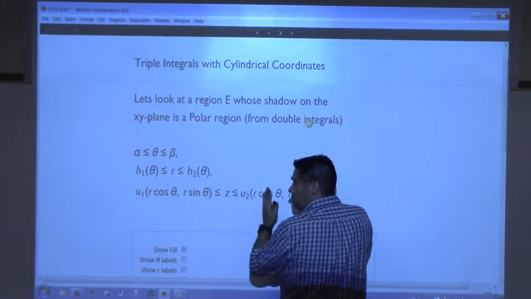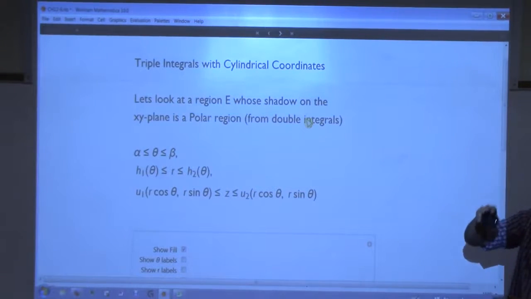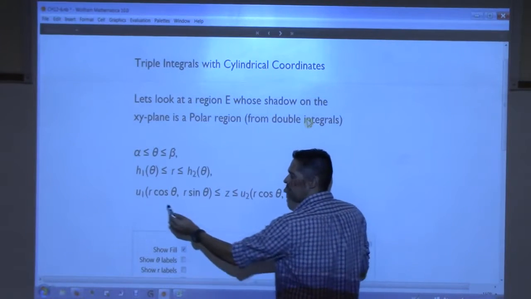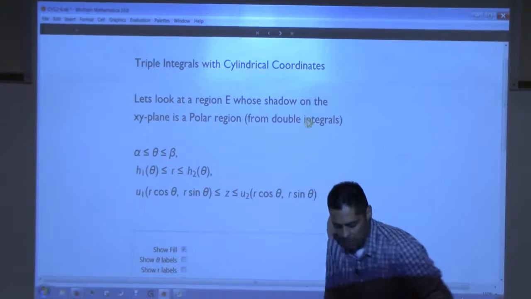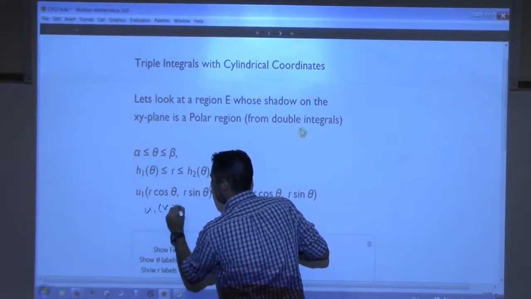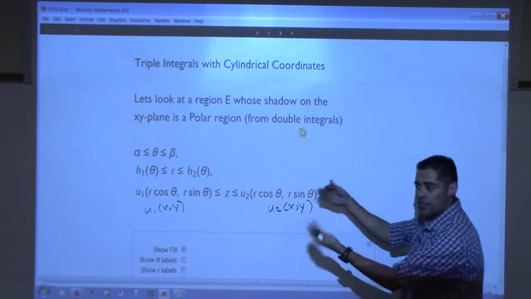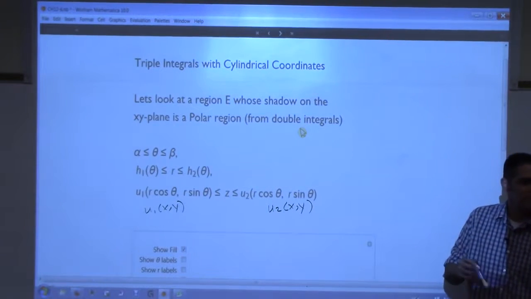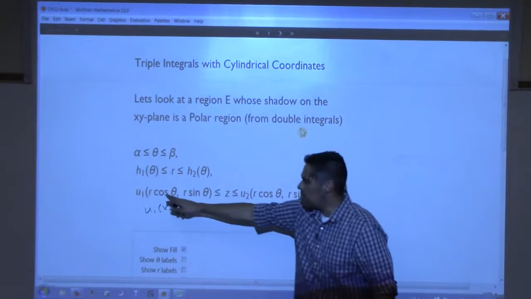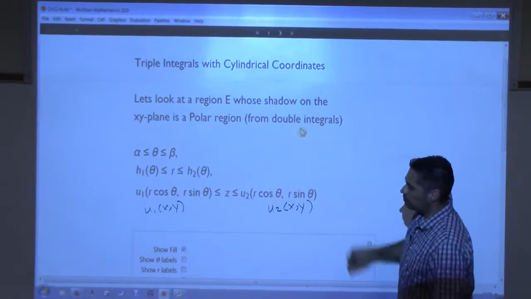And then the inner integral is now going to be your surface top and bottom. That's the big change. Z has to be stuck between 2 surfaces. So last time we were writing u1 of xy, u2 of xy, right? Previous section. But because we're going to cylindrical coordinates, we have to make a polar conversion. Our x becomes r cosine theta, our y becomes r sine theta. Same over here.